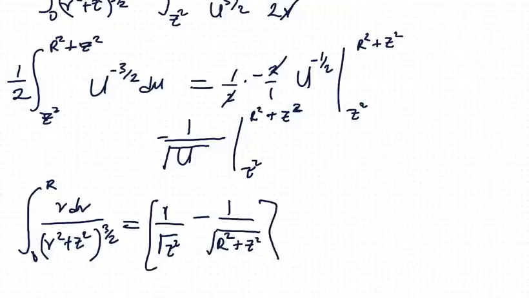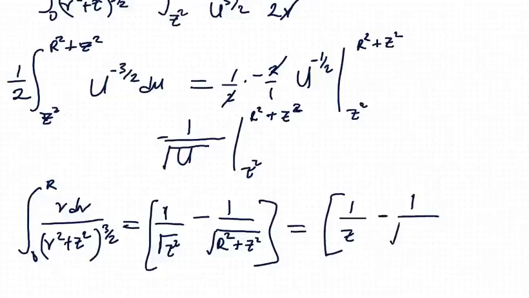The square cancels the square root, and we are left with 1 divided by z, minus 1 divided by the square root of R squared plus z squared.